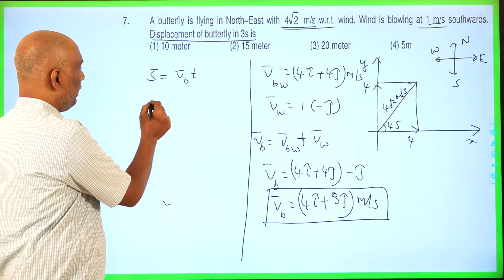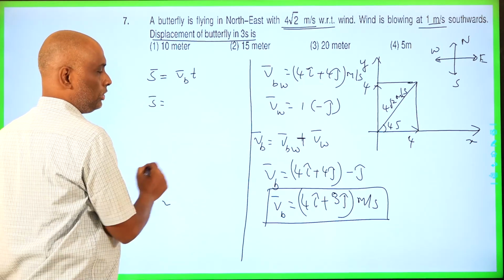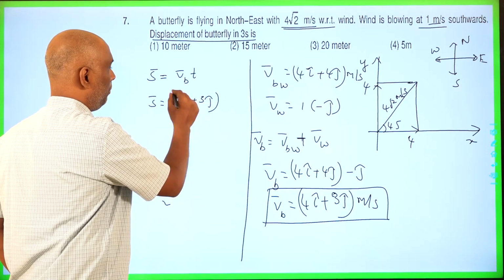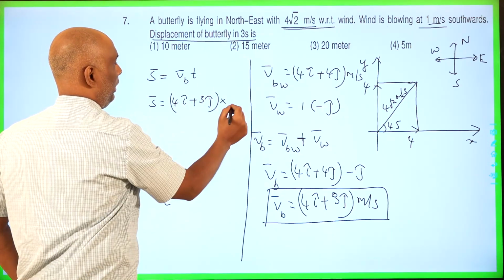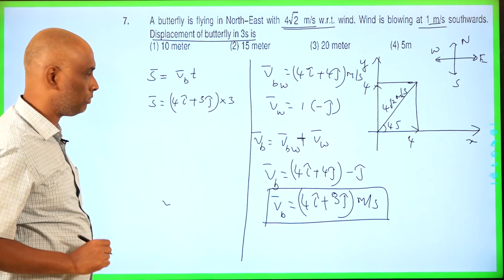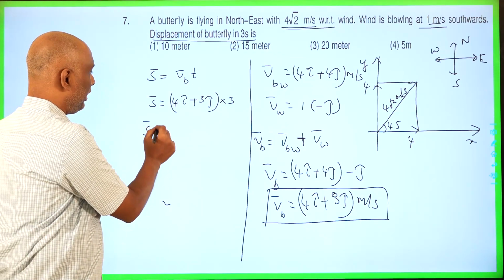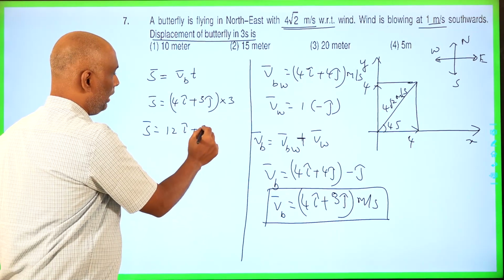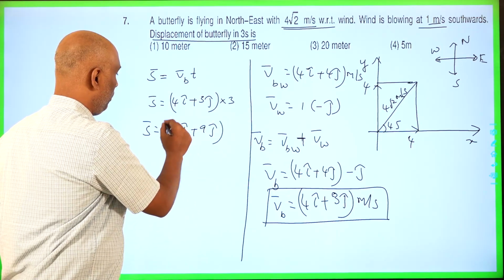So S bar is equal to 4 i cap plus 3 j cap into the time taken, which is 3 seconds. So the displacement vector becomes equal to 12 i cap plus 9 j cap meter.